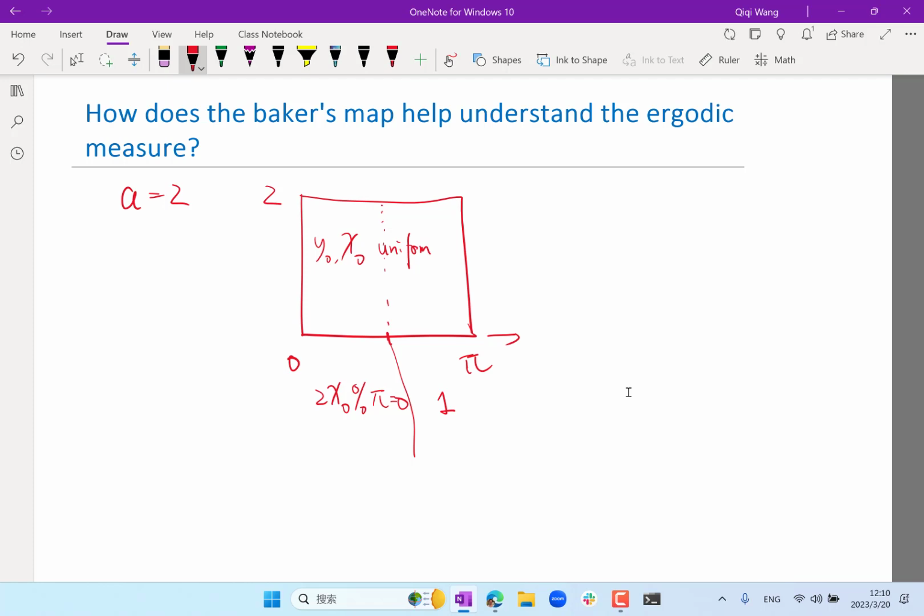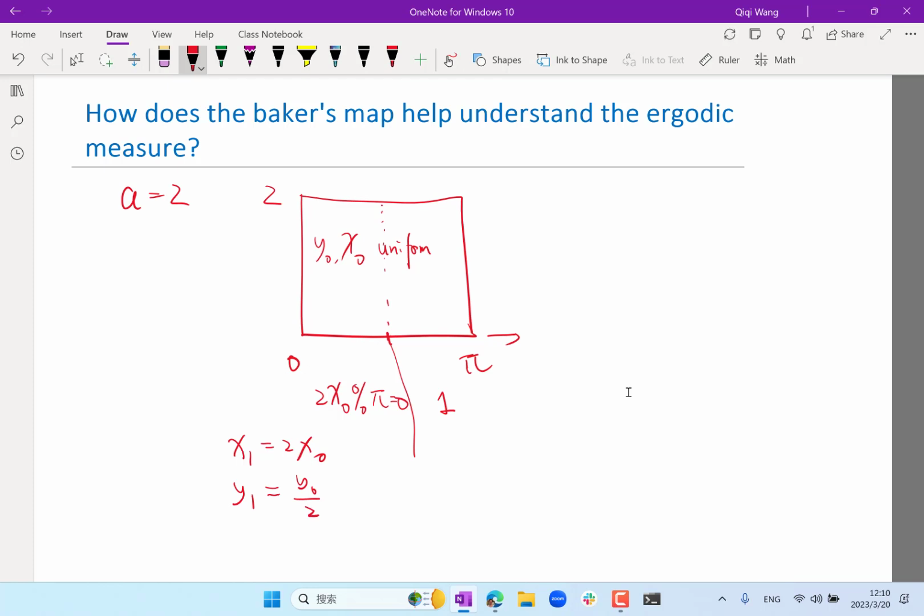So for the first part, we have x1 is equal to 2x0, and y1 is equal to, well, the first part is going to be 0, so y0 divided by 2.